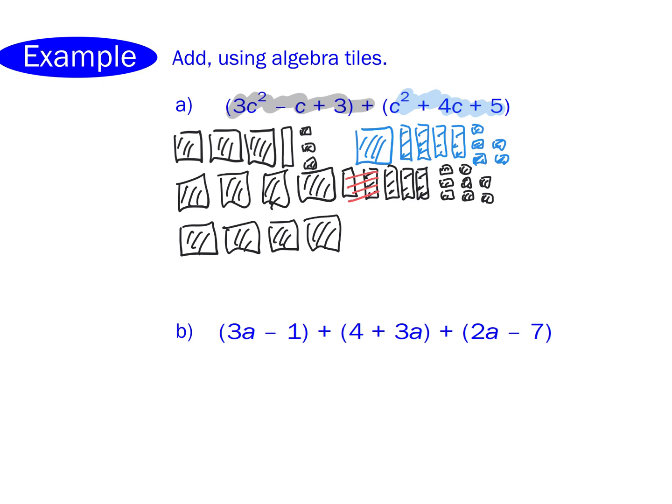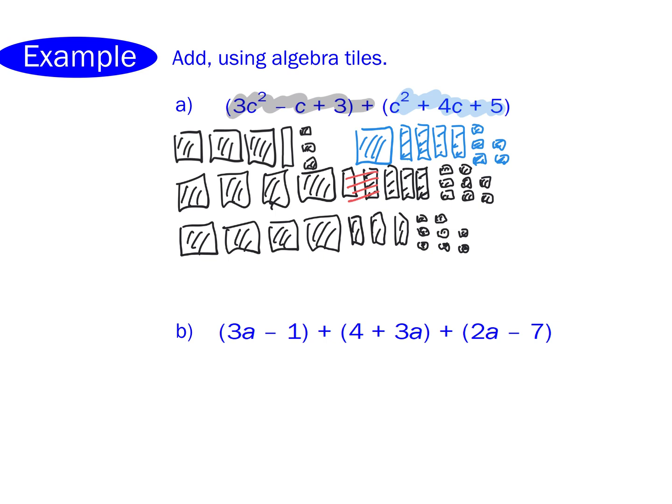With the rectangles, we have 3 shaded rectangles. And then we have how many shaded little squares? 8. You betcha. And that's what we're left with.